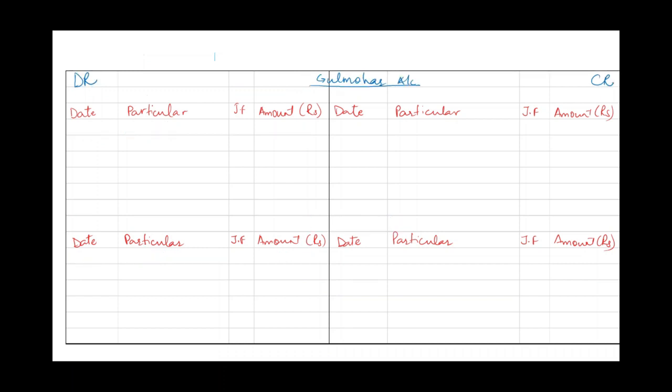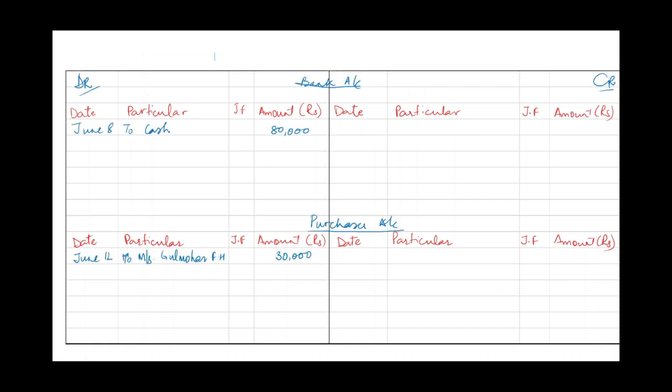And when I go to the Gulmohar account, here I will write on June 12 and I will say by purchases. So it says 30,000. Is it clear? Alright, so with this we have passed the next entry.